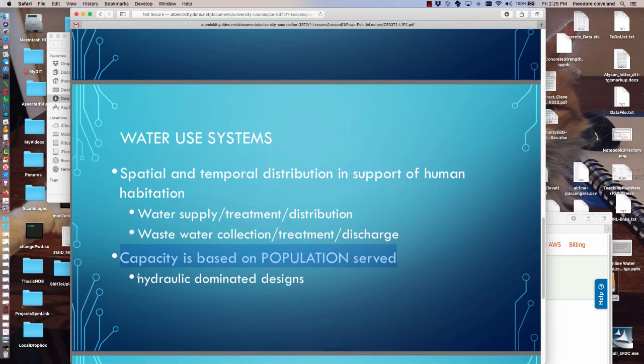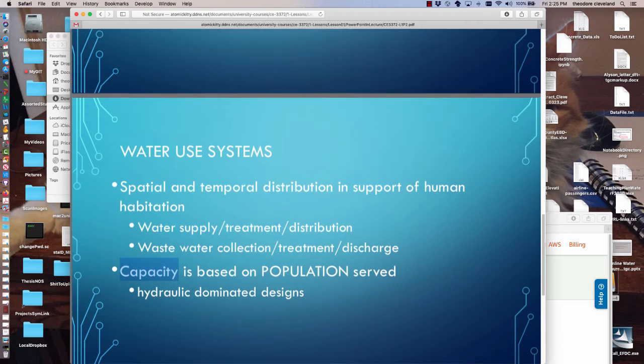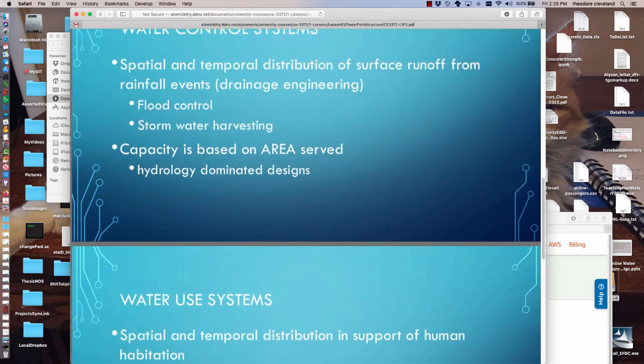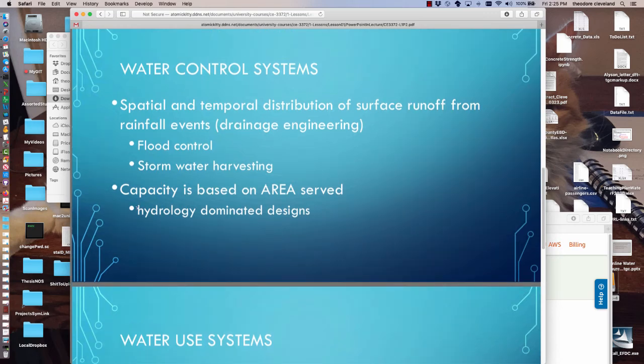And these designs are hydraulically dominated, meaning that the hydraulics plays a big role in the design, and because the population and capacity are somewhat directly correlated, the area is irrelevant in the sense that it doesn't make much of a difference in the demand. In the case of control systems, those are hydrologically dominated because of this dependence on area.